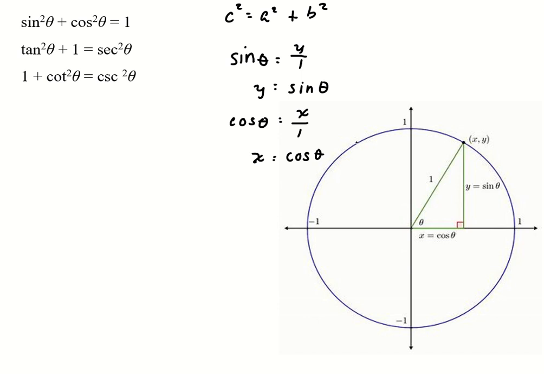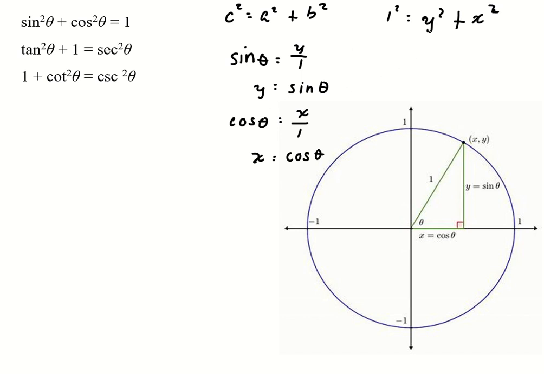In this case, the hypotenuse is 1. 1 squared is 1. Let's just say a is y. So this is y squared, plus the other side of the right triangle is x squared. And we know that y is equal to sine theta.